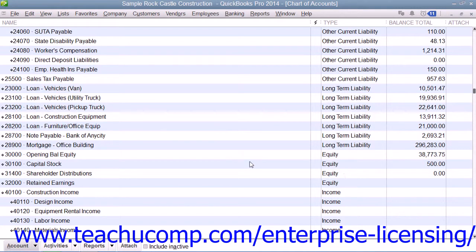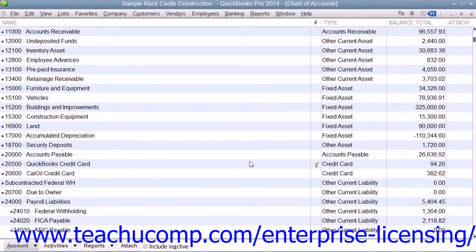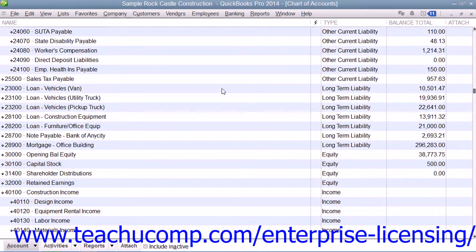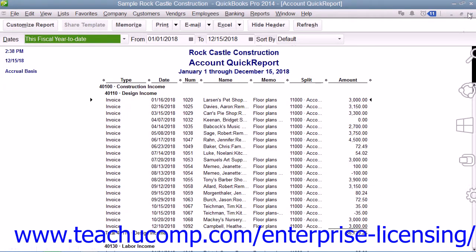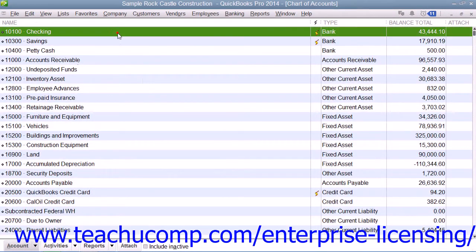Below those accounts, you'll find the income and expense accounts, which track where money comes from and what it is spent on, respectively. Each of the balance sheet accounts has a register associated with it. Unlike the balance sheet accounts, the income and expense accounts each have a report that lists the transactions associated with the account. You can view either the register or the report by simply double-clicking on the account within the chart of accounts.